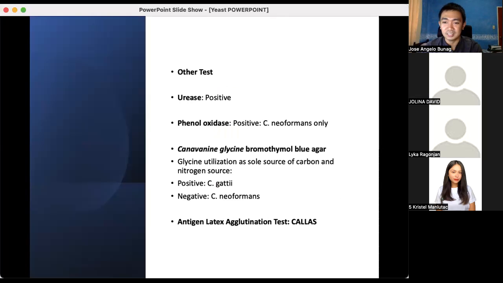I just typed it in. You could use this alternative culture medium for the growth of Cryptococcus neoformans. Usually, the color is brown to black. That is the color appearance once Cryptococcus neoformans grows on Niger seed agar, bird seed agar, or Staib agar.